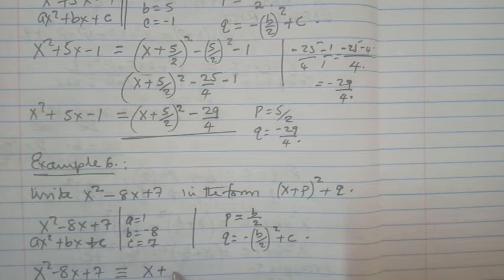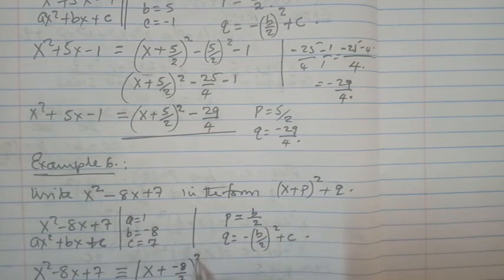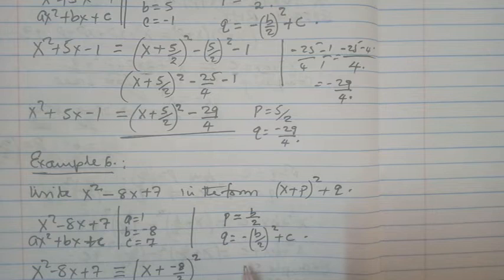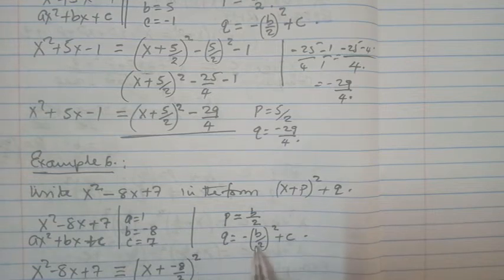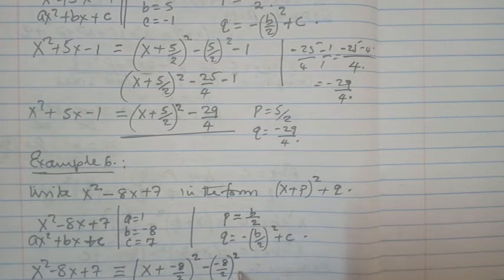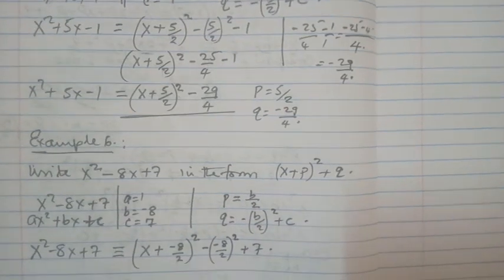So plus minus 8 over 2, squared. This is what we have. Then plus q, which is minus b over 2, minus 8 over 2 squared, plus c, plus 7. That is our c.